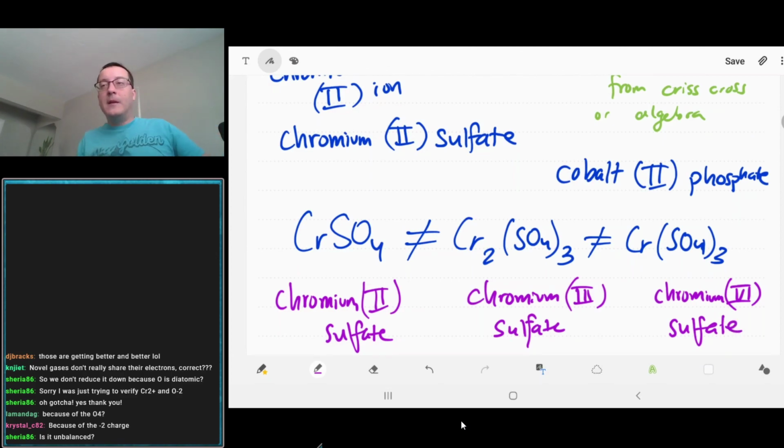So these all will have different names because chromium could have different charges. So anytime you've got potential different charges, you must use Roman numerals to indicate what the charge is, in the case of the compound you are given.